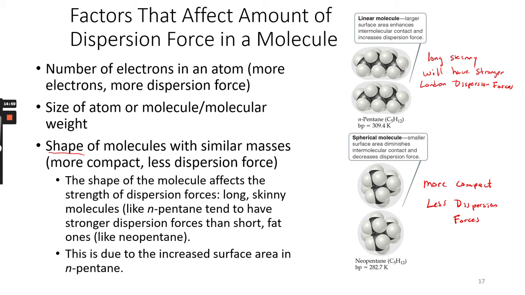You have more surface area where you can affect that electron cloud and induce a dipole. So more area here where you could get the electrons to move around more and induce a dipole. So this has stronger intermolecular forces, which is why its boiling point is higher, even though their molar masses are the same.